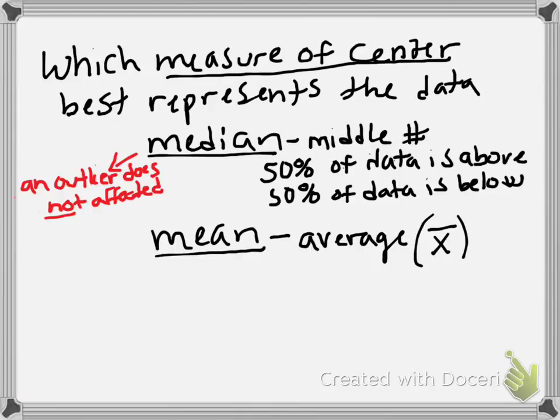An outlier does not really affect your median value, because it's still giving you that middle number. It just got canceled out when it started going through those.